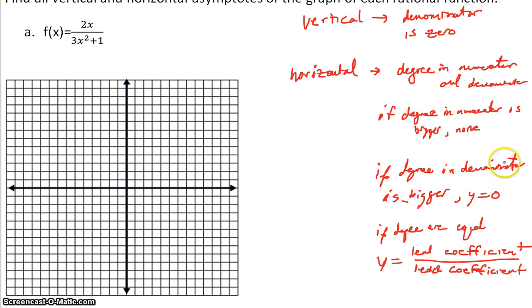So let's talk about this first one, and then I'm going to stop here and I'm going to talk about how you do this with these two examples in the next video.